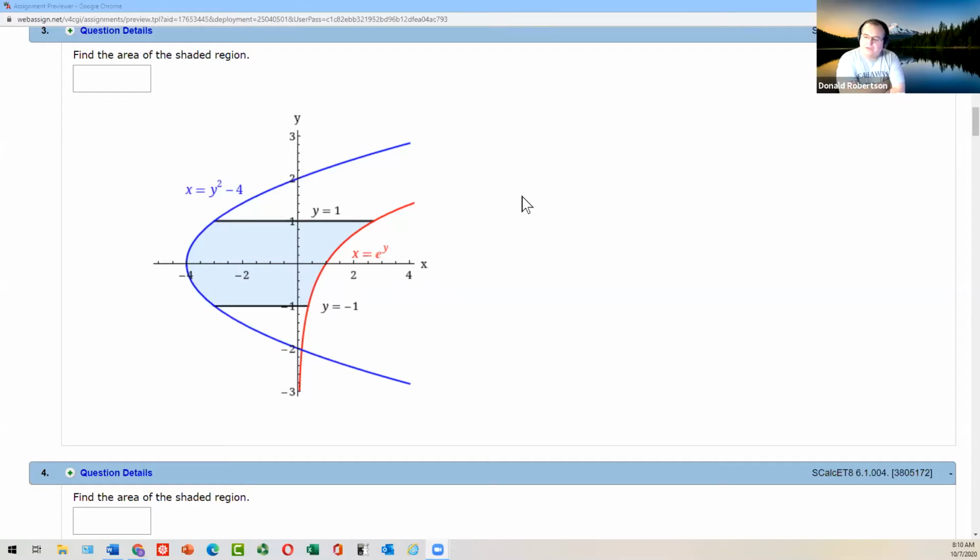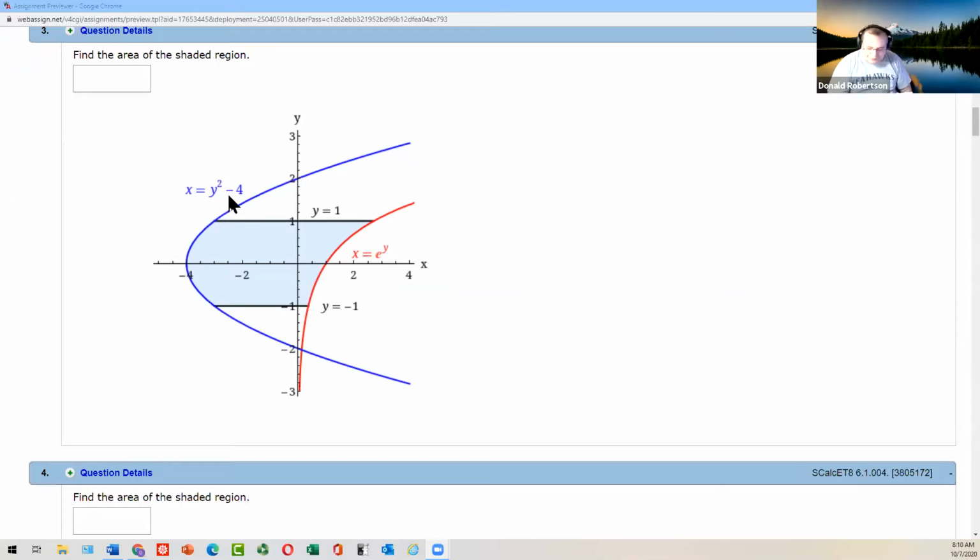But I'm going to show you a bit of software that will help you for those questions where you don't get a picture. But since I've already got a picture, can you see it's already done for us? Can you see it's going from y equals -1 to y equals 1? And you see the red curve is x equals e to the y. That's what that would look like. And the blue one is x equals y squared minus 4.